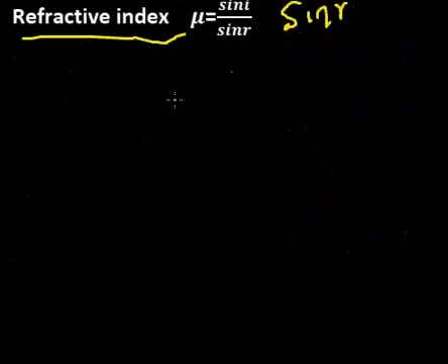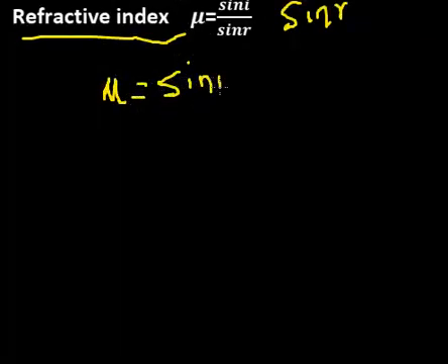So the refractive index of every medium is always given as sine I all over sine R. Please take note of that. Now let's see an example.